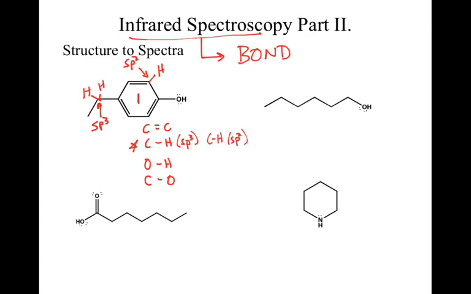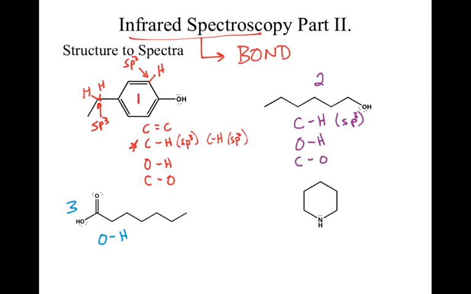Okay. We move to the next structure, which we'll call structure number 2 in purple. We would again evaluate. I've got carbon-hydrogen, where all of my carbons are sp3 hybridized. I've got an OH, and I have a CO. So I've again identified all of the bonds within that structure. Next one we'll call structure 3.